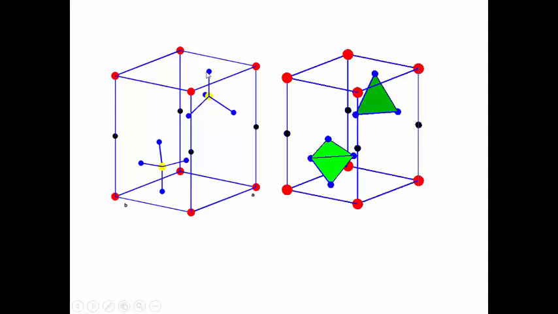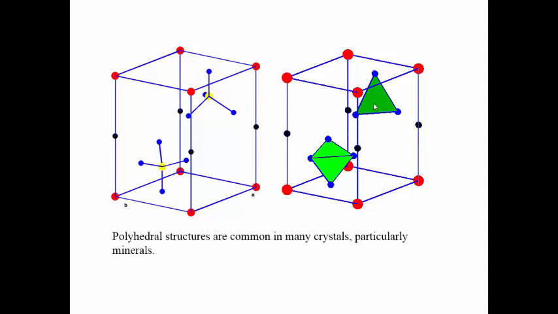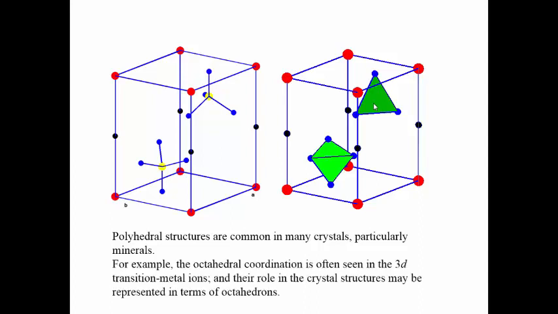And what I'm showing over here on the right is, instead of looking at this tetrahedron, we can actually put in the tetrahedron, and you can see how that is organized as the material. So you have this tetrahedron and this tetrahedron, and especially geologists like to put in the tetrahedrons. It's useful to think about things in different ways. So the polyhedral structures are common in many crystals, particularly minerals.